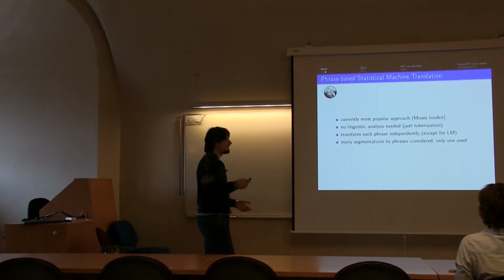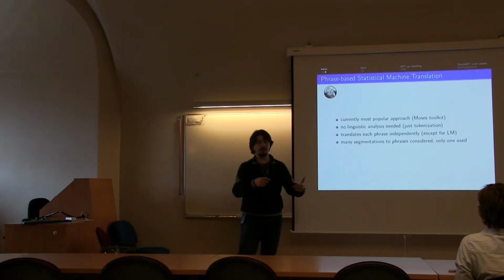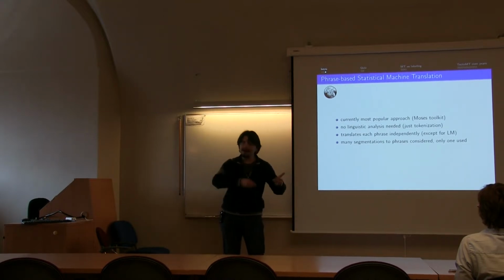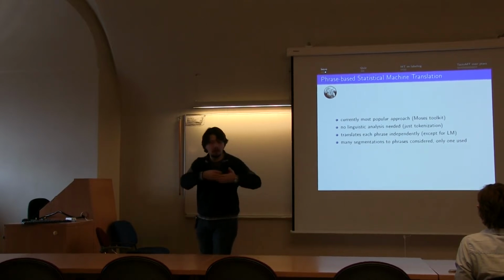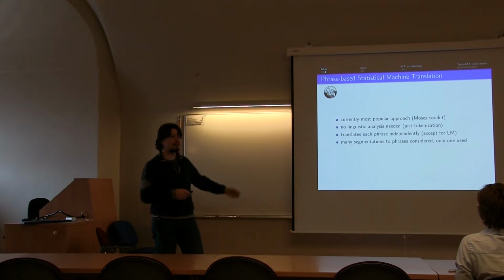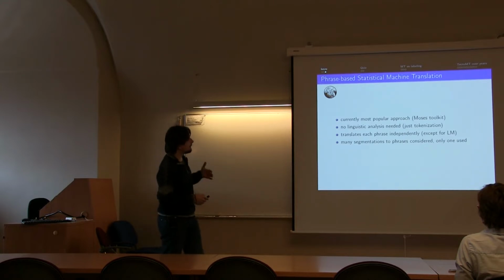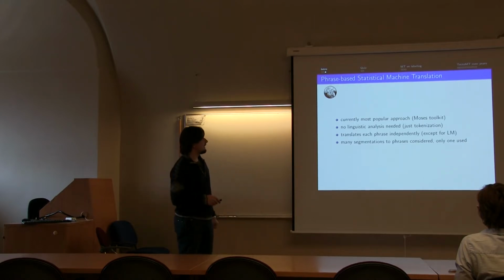There is one exception in the end, during the decoding. There is a language model which somehow binds those phrases together or says the probability of the whole sentence. But except for this, each phrase is translated independently, but you have many ways how you can segment the source sentence into phrases in phrase-based SMT.